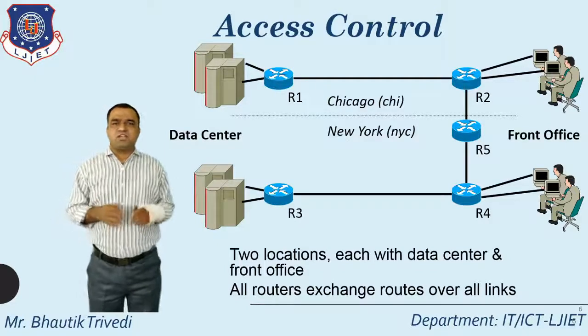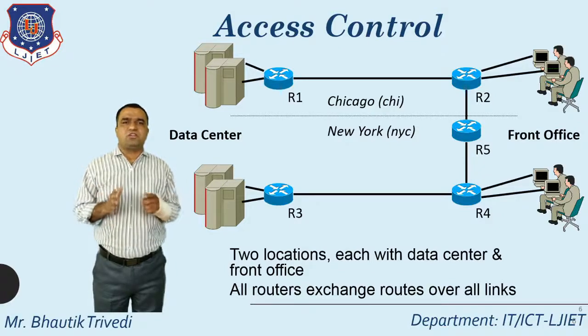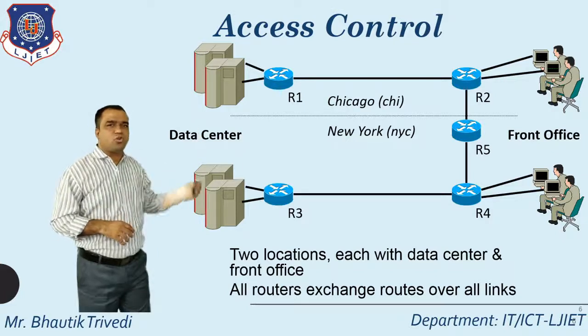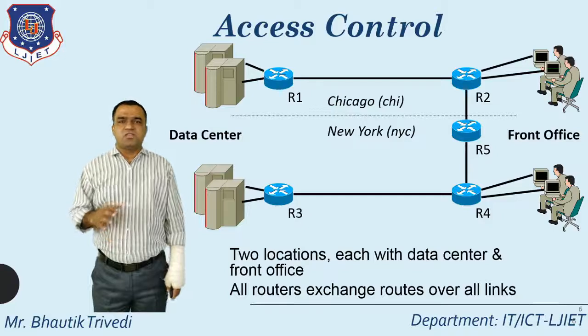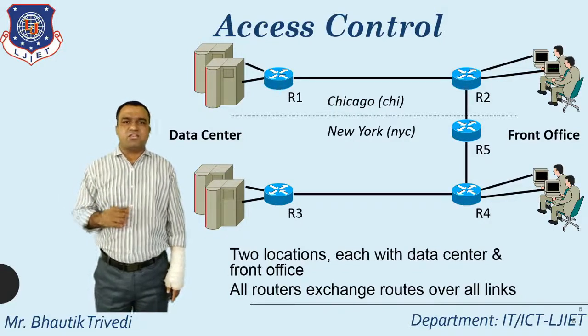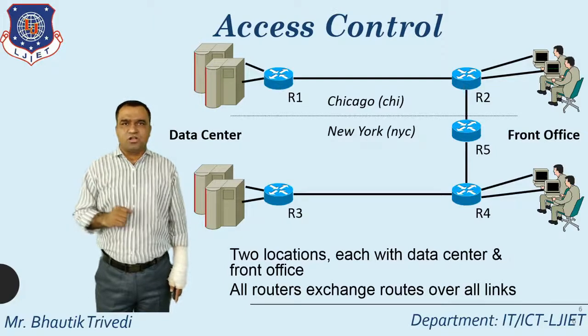Between the two locations, each with a data center and front office, all routers exchange the routes over all the links. So here I put the concept of Chicago and New York, and in between I put the data center and front office. With this, you can directly apply different kinds of access to different kinds of persons or different kinds of routers.